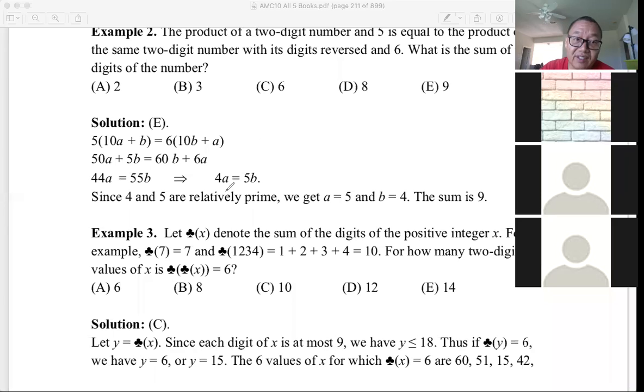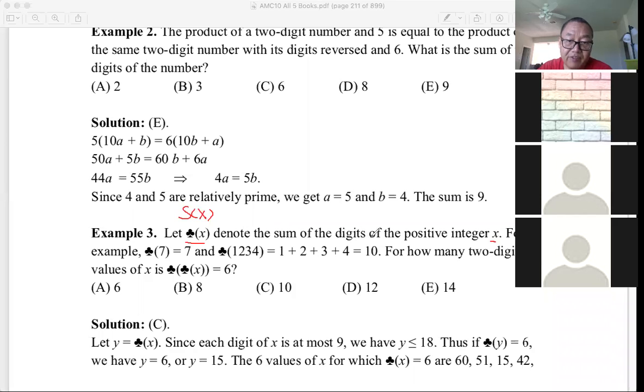Okay, see here they use this sign to represent the sum of the digits of the positive integer X. It's similar to SX, right?